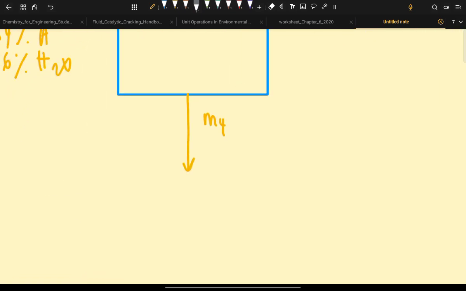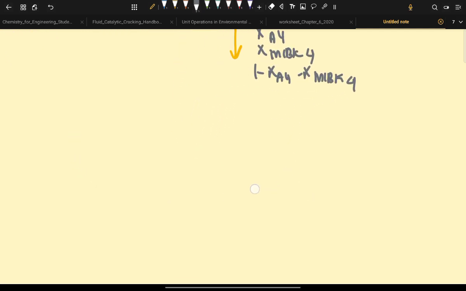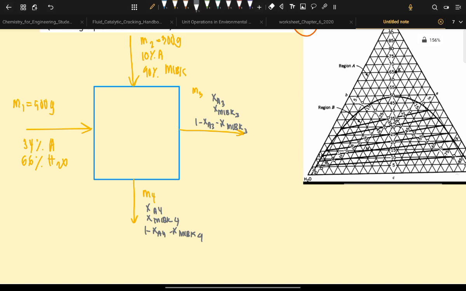And then here as xA4, xMIBK4, and 1 minus xA4 minus xMIBK4 to get the water lah. Okay, so do the mass balance, because this is a mixer.